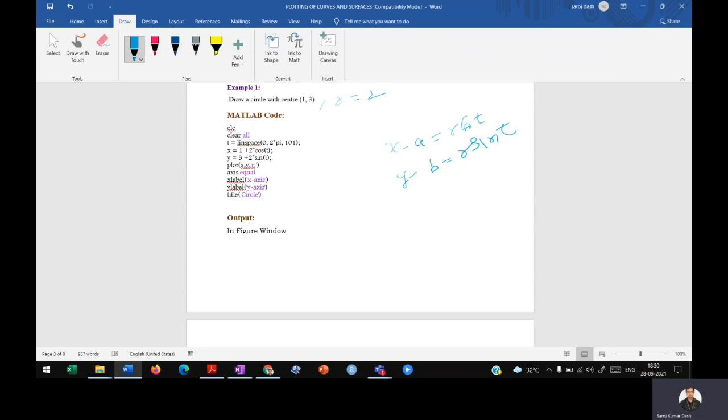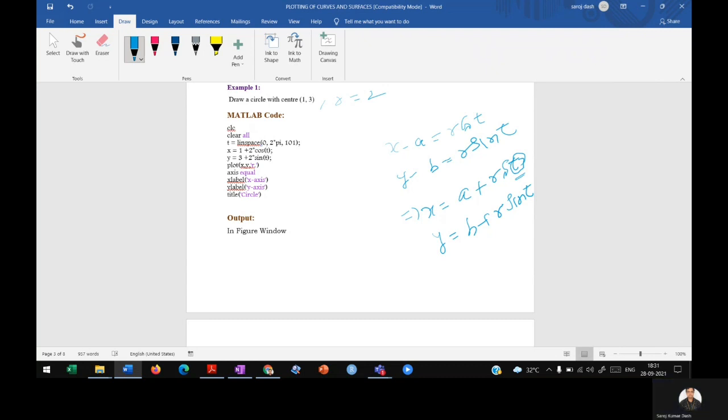So here what is the independent variable? t only, because a we know, a plus r cos t. So t is the independent variable here. Similarly, for y also t is the independent variable. So in parametric form, when you convert, t is independent and x and y are dependent variables. So first we have to generate t points.